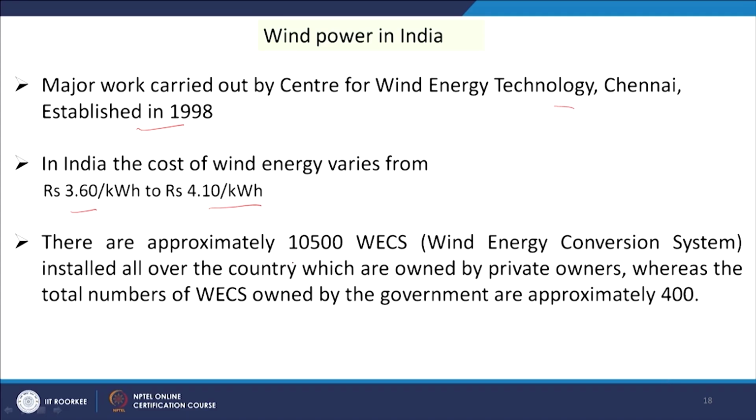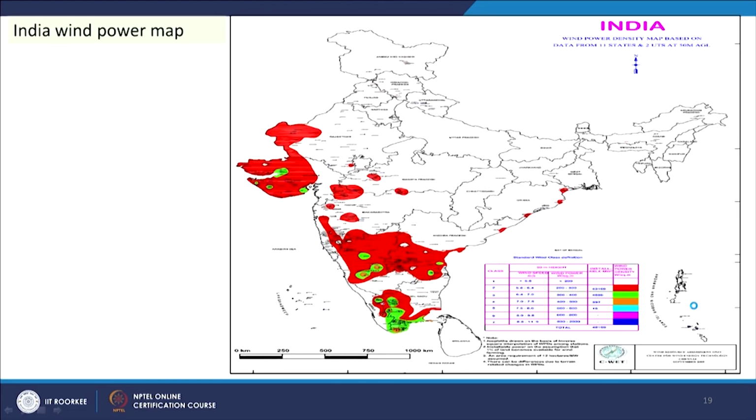There are approximately 10,500 WECS, that is wind energy conversion systems, installed all over the country, which are owned by private owners, whereas the total number of WECS owned by the government is approximately 400. So, maximum private players are taking a role in the development of this wind technology in the country.